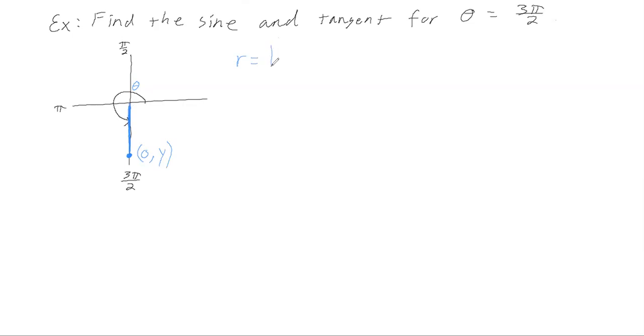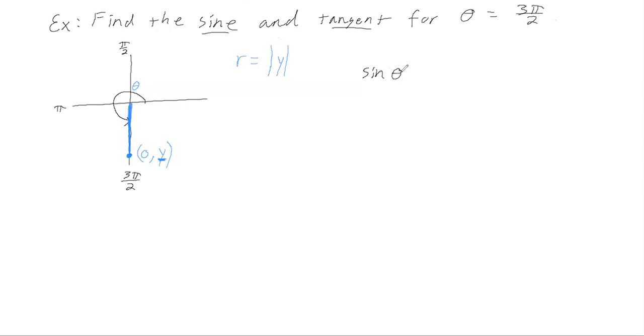Wouldn't it be the absolute value of whatever y is? Because this distance right here is the same amount we're displaced as this y, but the y is negative right here, so I need the absolute value. All right, now what does it want me to find in this particular problem? It wants me to find the sine and tangent.